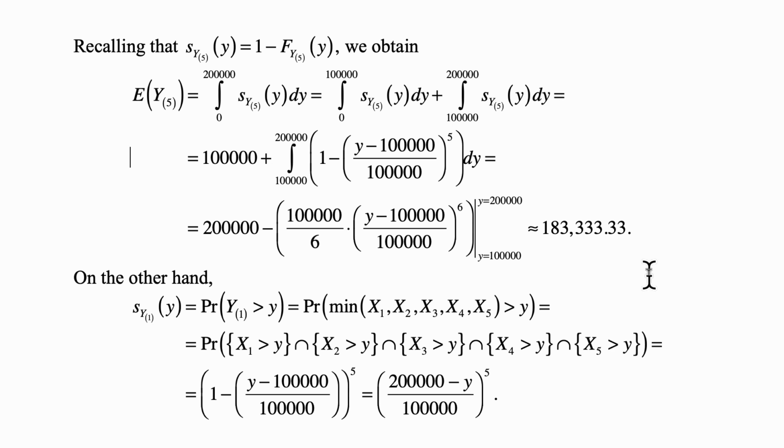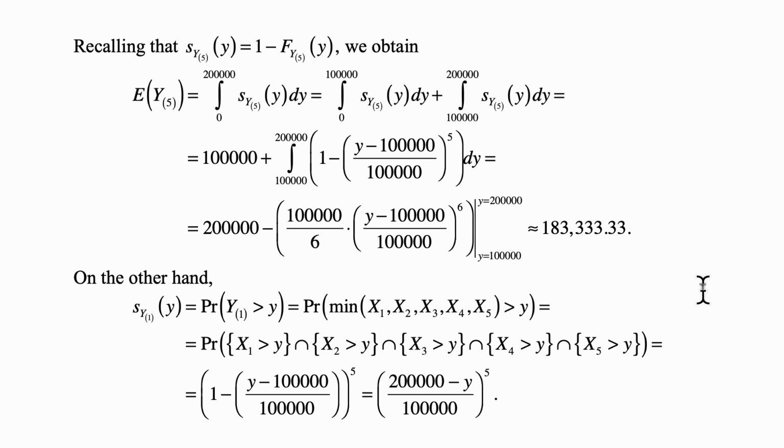On the other hand, the survival function of the first order statistic is the probability that the first order statistic is greater than y, which is the probability that the minimum of the 5 random variables is more than y, which is the probability that every single one of them is more than y, and because they're independent, it's just a product of probabilities of each of them being more than y. And that's the survival function of each of them, which is 1 minus the cumulative distribution function.